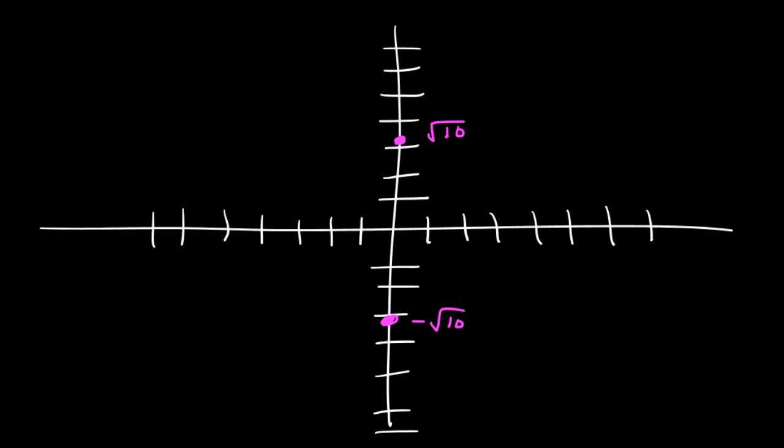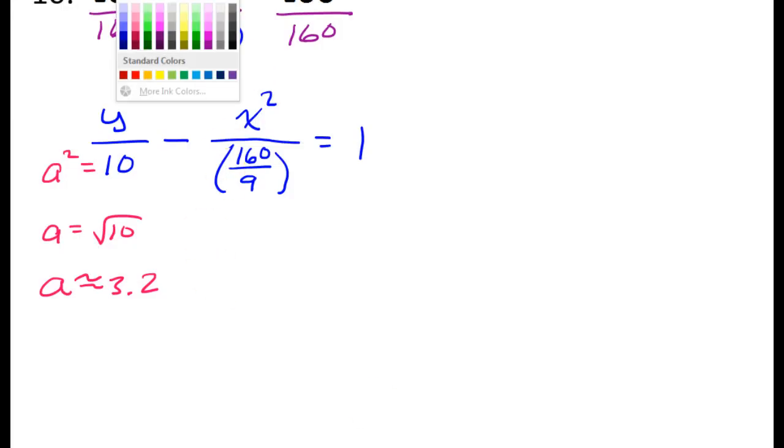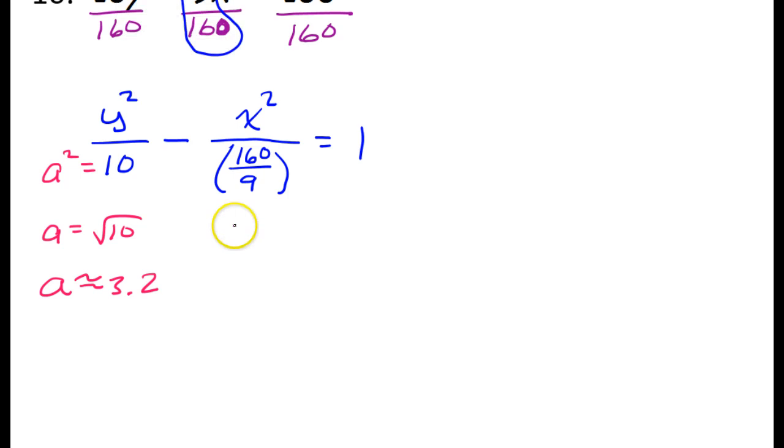What else? How about those co-vertices, people? So my co-vertices, well, this is b squared right here. So if that's b squared, then b is going to equal the square root of 160 over 9. Okay, great. What I really need is the decimal approximation for this right now anyway.